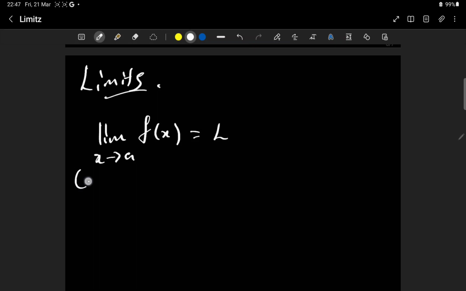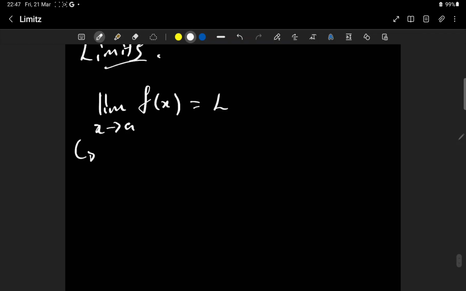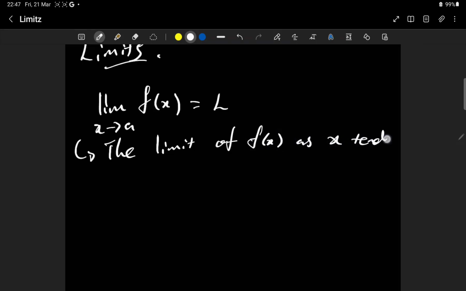So this thing reads as follows. Because it's important for you to understand this, when we have this, we mean that the limit of f of x as x tends to a is L, right?